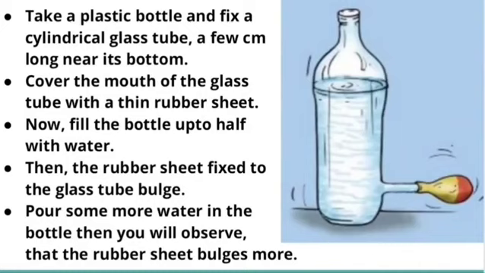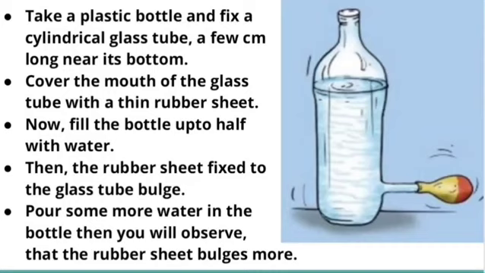You can do so by slightly heating one end of the glass tube and then quickly inserting it near the bottom of the bottle. Make sure that the water does not leak from the point. Now cover the mouth of the glass tube with a thin rubber sheet as shown in this picture.